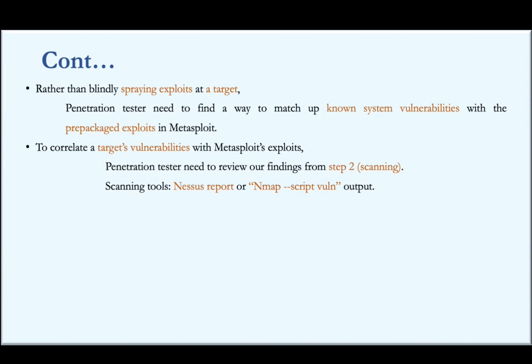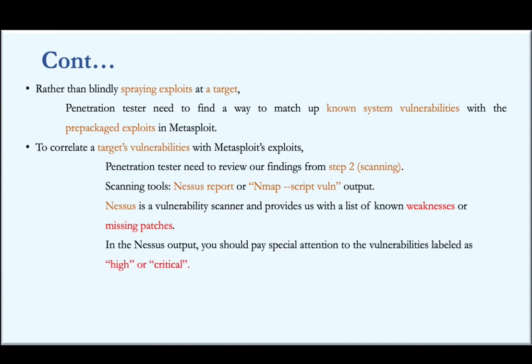In the scanning phase, we use tools like the Nessus report or the Nmap script vulnerability output for finding these vulnerabilities. Nessus is a vulnerability scanner, as we discussed, and provides us with a list of known weaknesses or missing patches on the operating systems. In the Nessus output, you should pay special attention to the vulnerabilities labeled with rankings, whether high, critical, medium, or low vulnerability ranking.